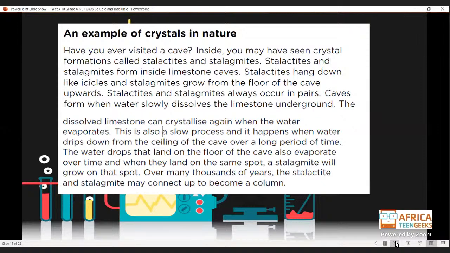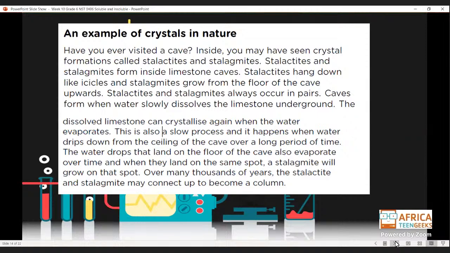Now, this doesn't happen very quickly. It happens over thousands and thousands of years. It's a very slow process, and that's why they try and look after the caves, because they truly take thousands of years to even become a cave. The same thing with the stalactites and stalagmites. They also take thousands of years to develop. They don't just develop overnight. The process is incredible.